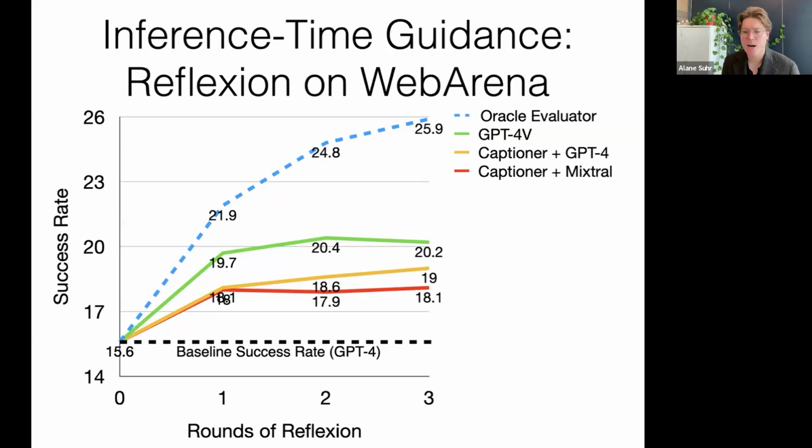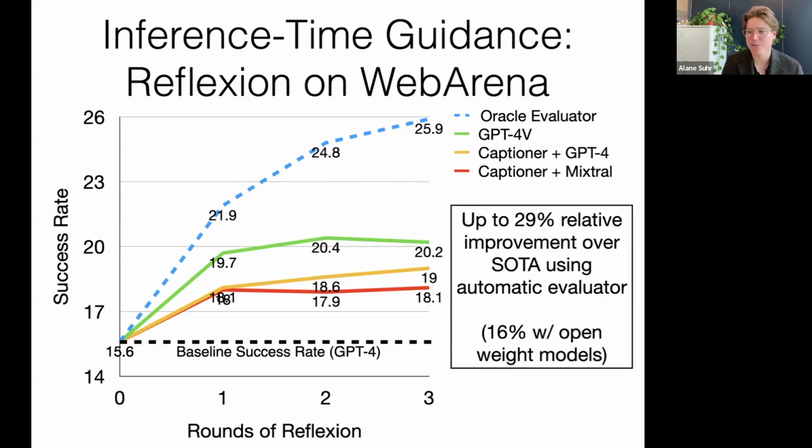The other 3 lines are where we use the metrics coming from the actual evaluators that we're proposing. Of course, it's not going to reach all the way up to the Oracle evaluator performance over time because we're not judging all of the trajectories correctly, but we do see significant improvements over time, even with our open weight models. We can see up to a 29% relative improvement over state of the art using an automatic evaluator.